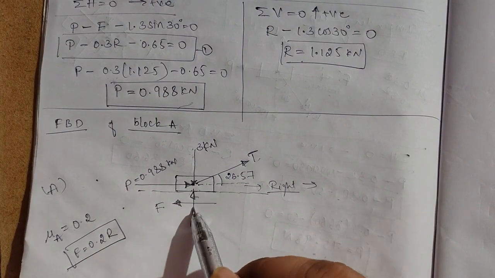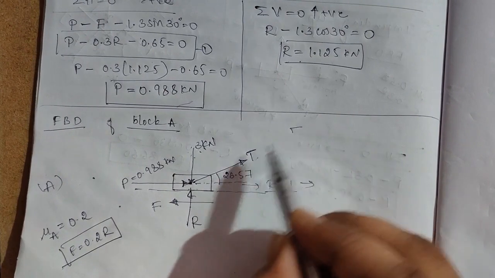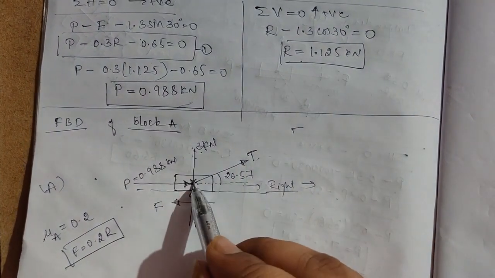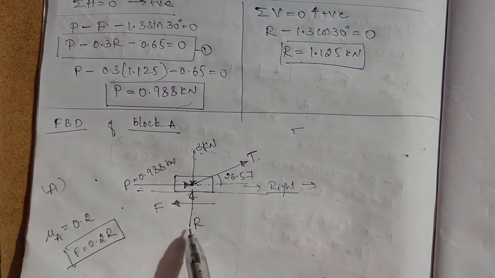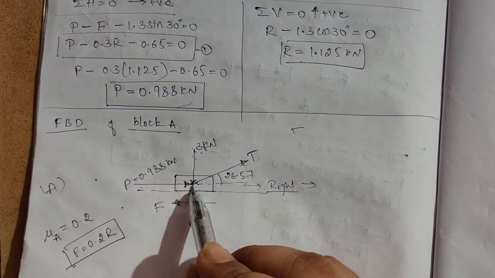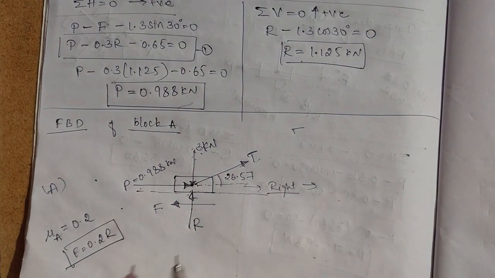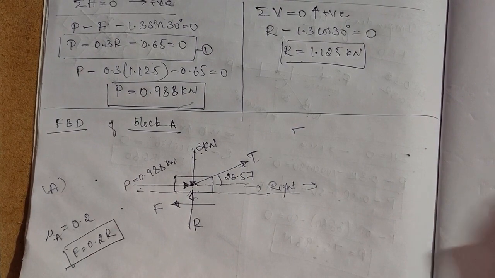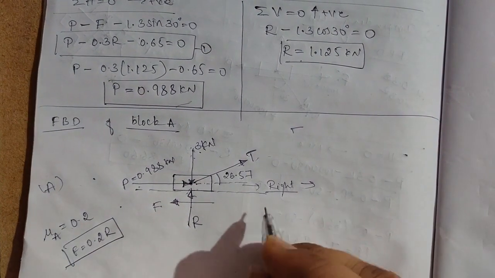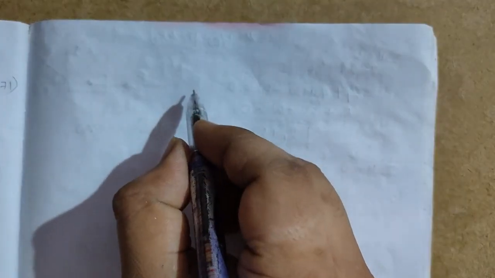Here tail is there, here head is there, and for another force tail is here, head is there. So these are all not like terms. I'll make them like terms so that our problem will be easy and we will not get confused in the signs. Now I'll rewrite the free body diagram.